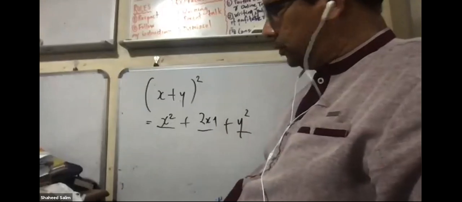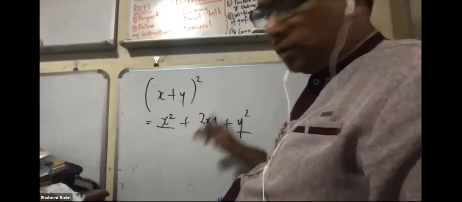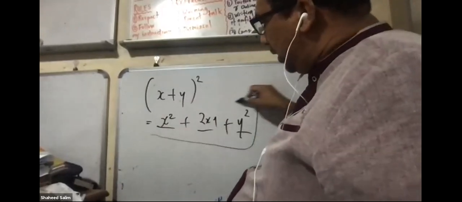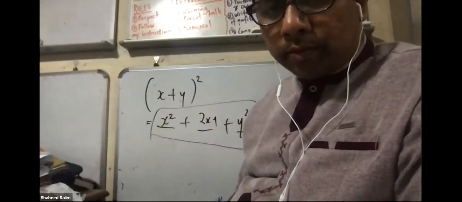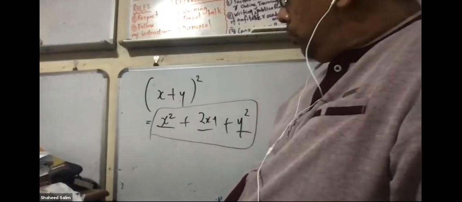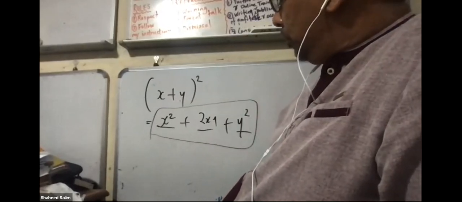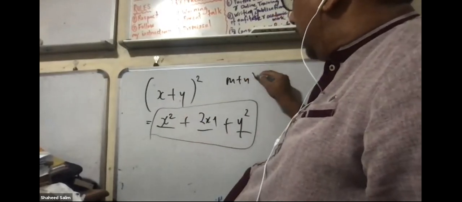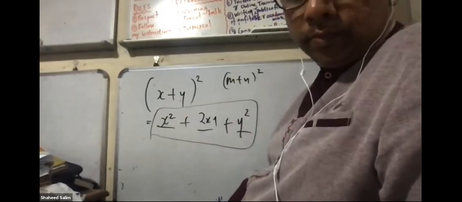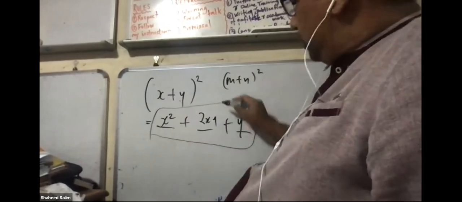2xy. Xy plus xy. This part, this thing, you got to be able to memorize. Okay. Now, if I tell you that you need to expand now m plus n square, you know what you get?